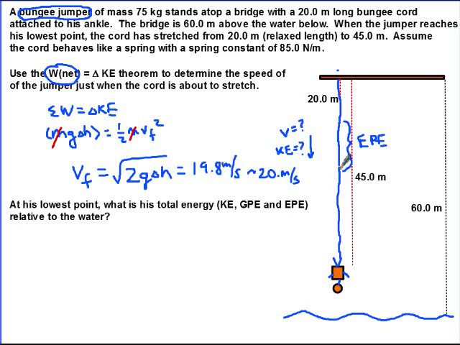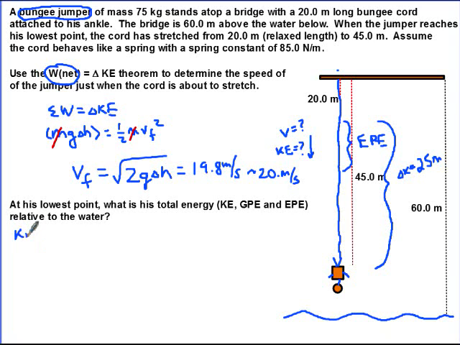And because this cord has stretched such a great distance, from 20 meters all the way down to 45 meters, the actual delta x that the cord has stretched would be 45 minus 20. That would be 25 meters. I can go ahead and compute the amount of energy that's stored in that band using our EPE equation.